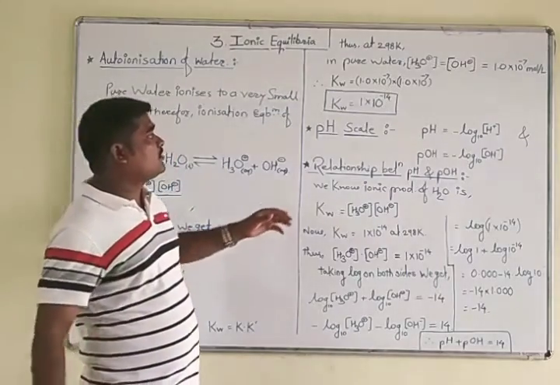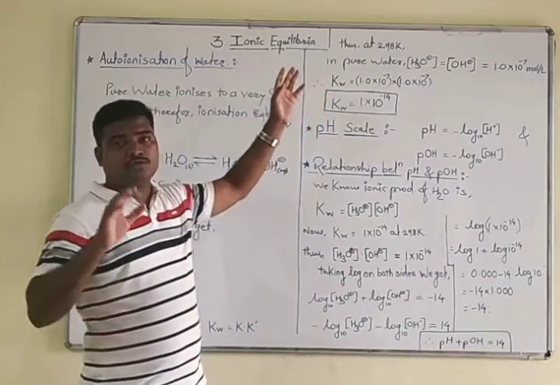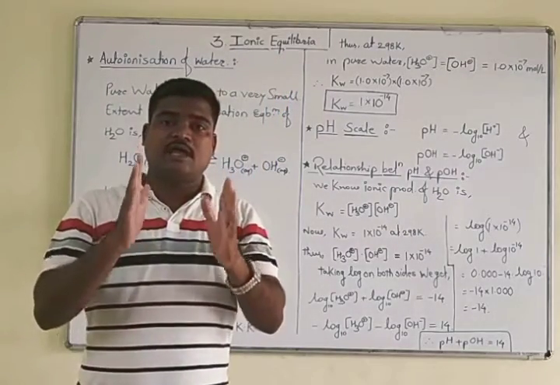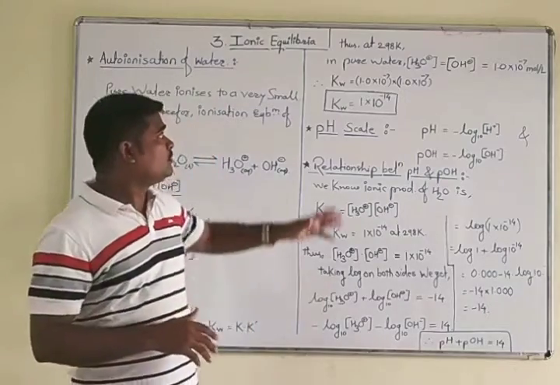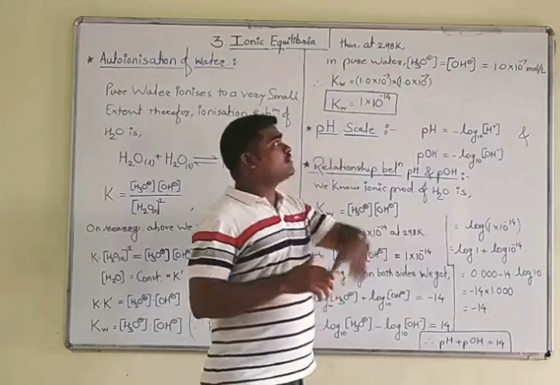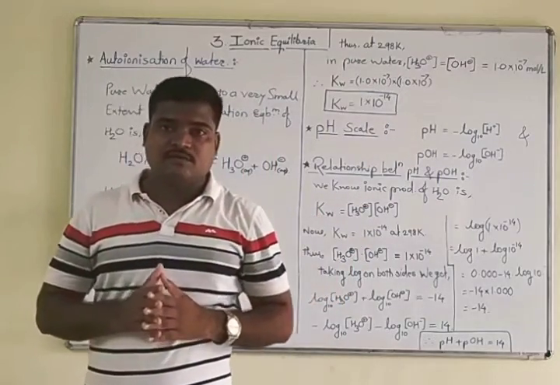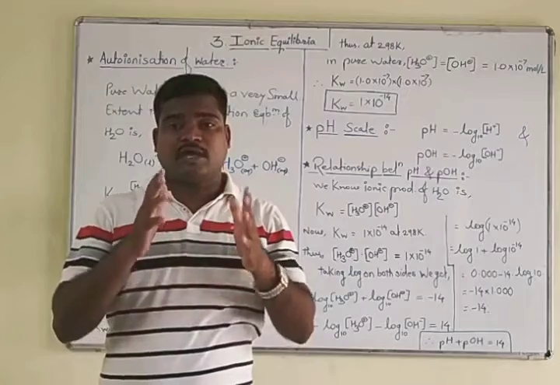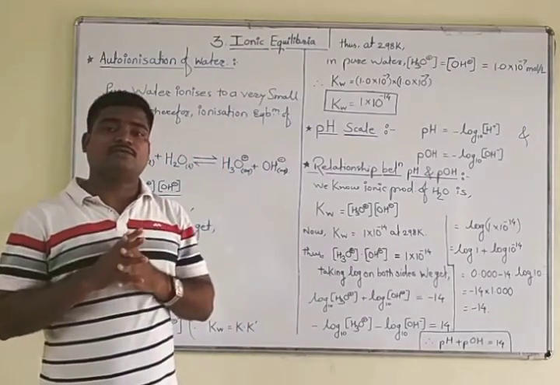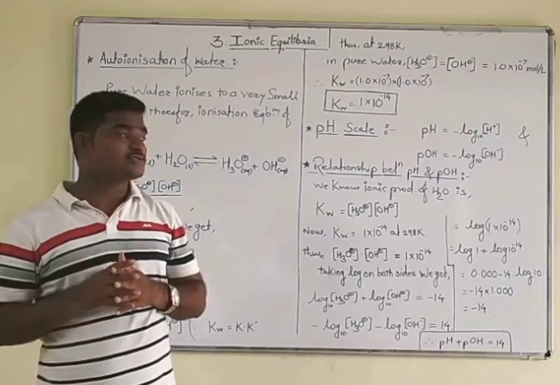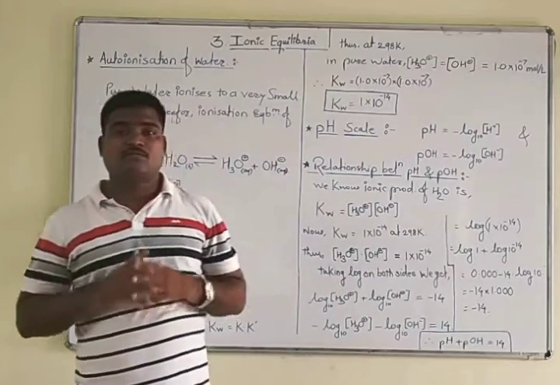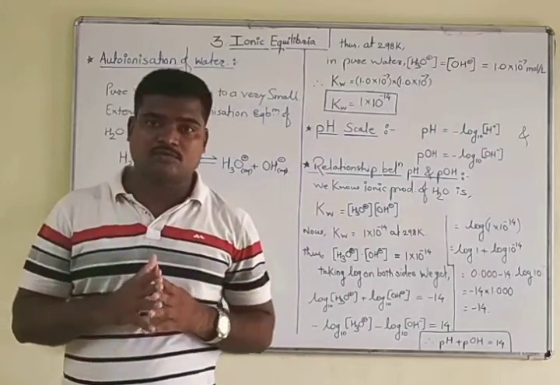But we are looking for its value. To determine its value we have to take some specific values, that is at 298 Kelvin. At 298 Kelvin in pure water, by experimental measurement of the concentrations of both these ions, we get the value 1 into 10 raised to minus 7 mole per liter or mole per dm cubed.